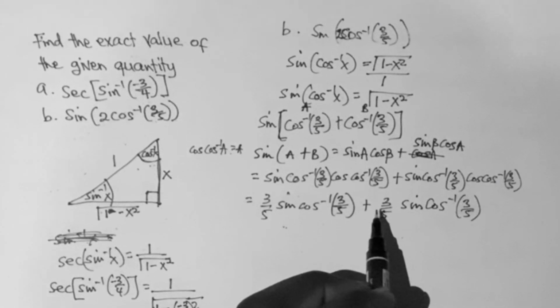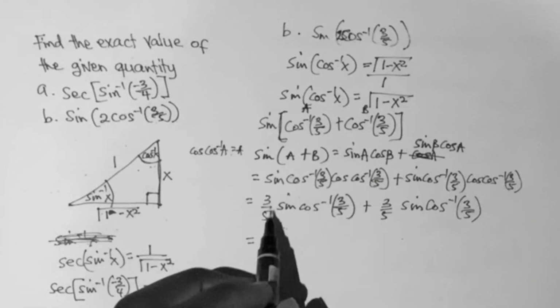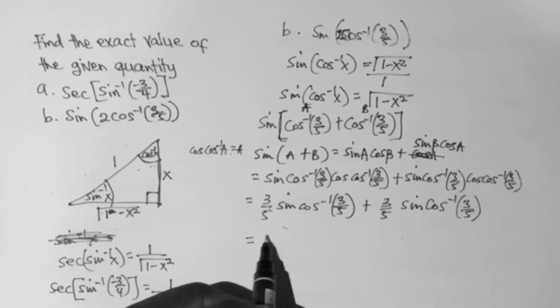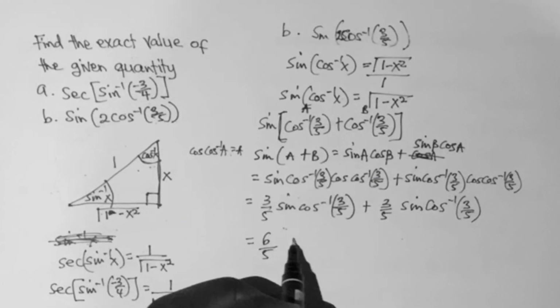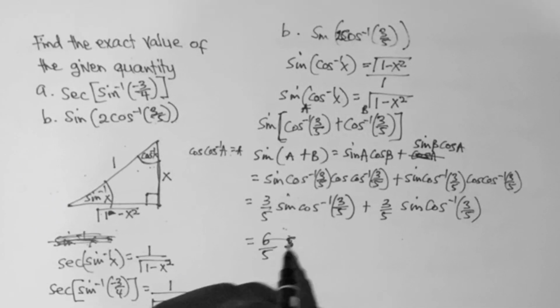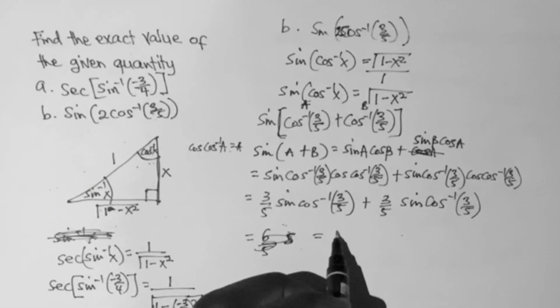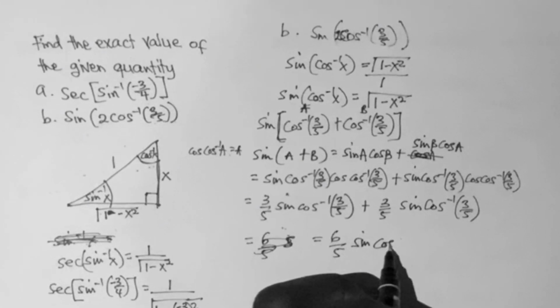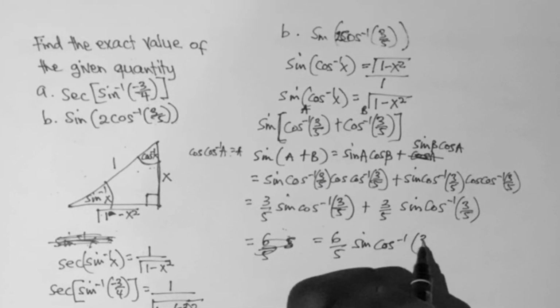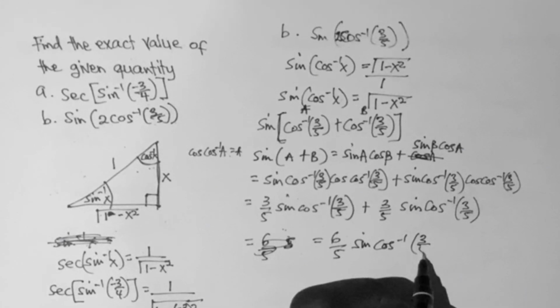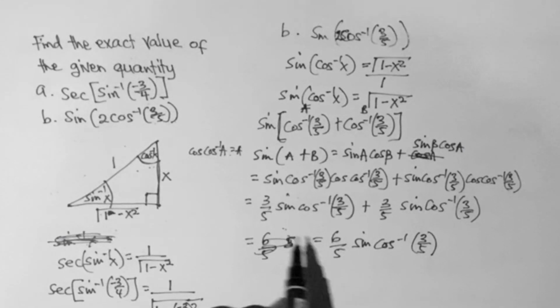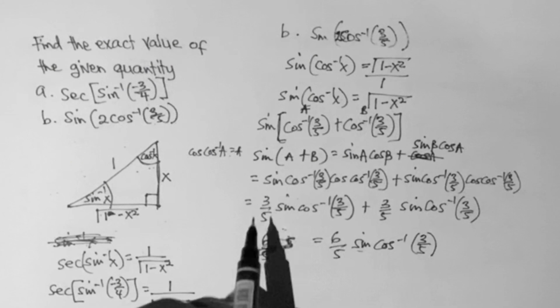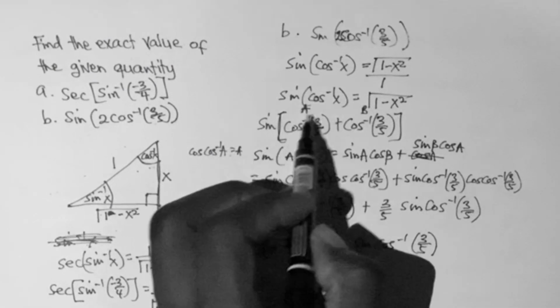So at the end of the day, it's going to give us 2 times 3 over 5, which is the same as 6 over 5 sine, sorry, let me rewrite it here. So this is equal to 6 over 5 sine of cos inverse of 3 over 5. So you see that this looks like this.